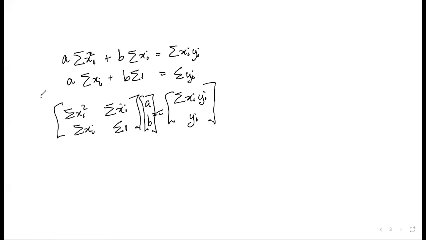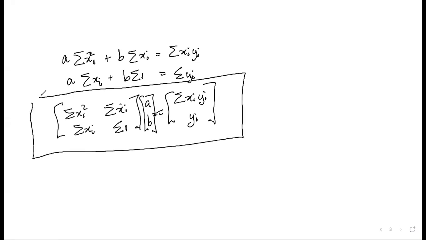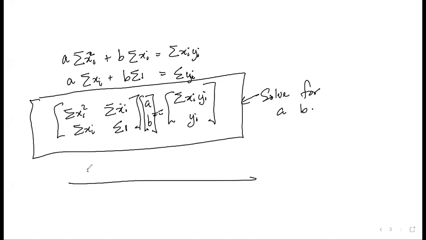All right, so solve for A and B. So for example now, suppose I performed an experiment, x, y, and when x is 0, y is 2, when x is 2, y is 5, when x is 3, y is 7, and when x is 4, y is 8.